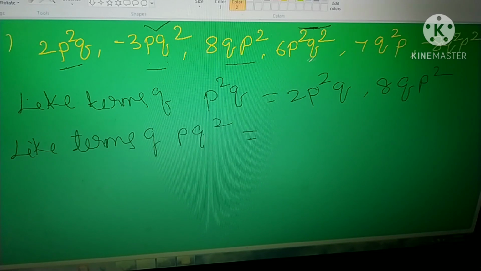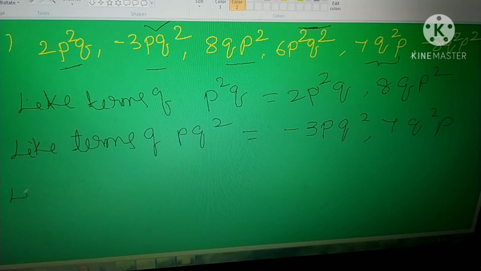Next one is here, observe here, 7q square p. Okay. So write down that one. So minus 3p q square, comma. Next 7q square p. Understood here?